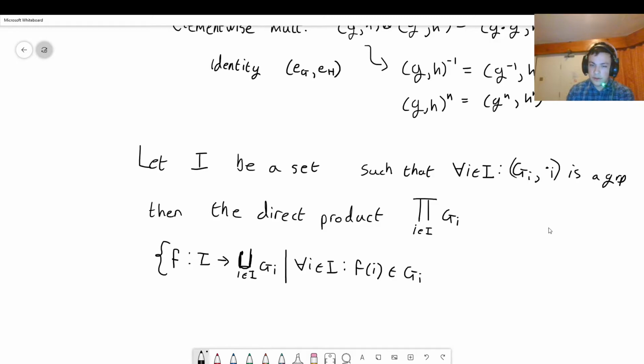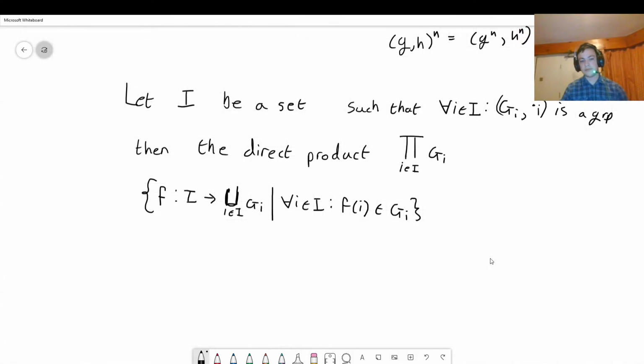Okay, so we can think of f as mapping each position to the element that takes up that position. So we could have I as 1, 2, 3, and then f(1) is just the first component, f(2) is the second component, and so on. But this way is easier to work with.